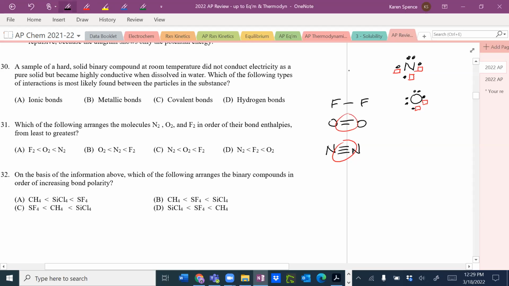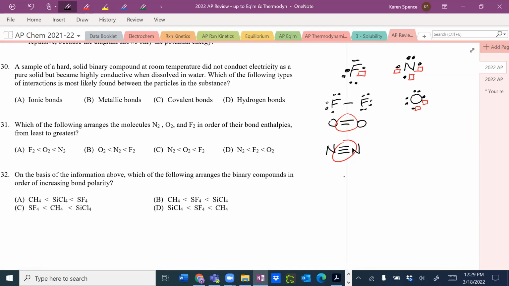And fluorine, which has 7 valence electrons, 1, 2, 3, 4, 5, 6, 7, has only 1 gap, which means that it can only form 1 bond, because all the rest of our electrons are just hanging out here. I'm not going to draw in all the lone pairs, but in terms of bonding, fluorine has 1, oxygen has 2, nitrogen has 3 because of the number of gaps.